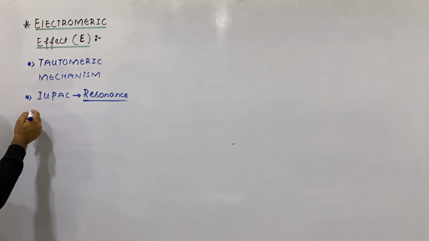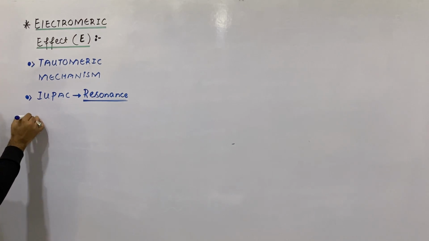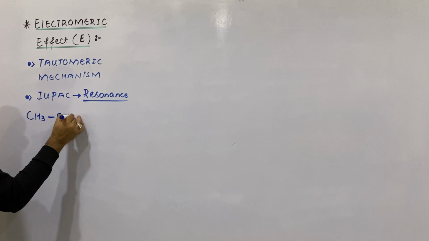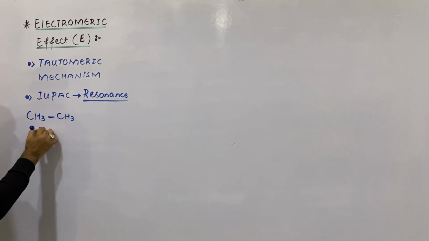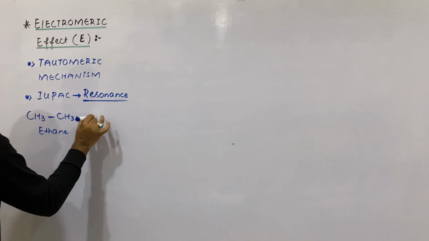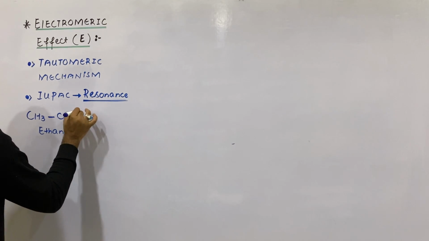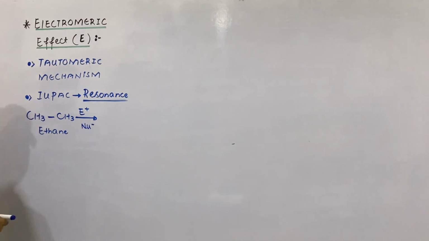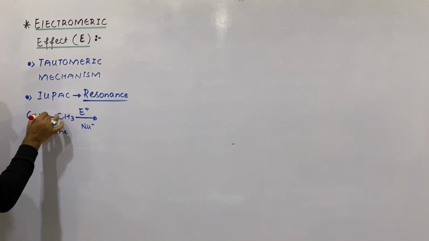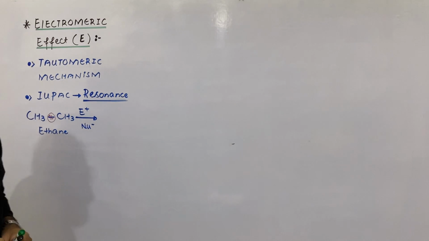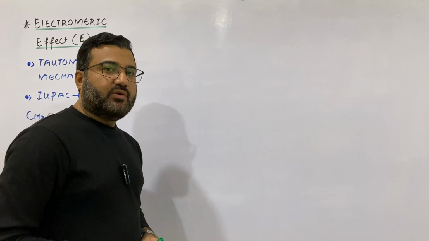My dear students, what is the electromeric effect? Let us understand. Suppose we have a saturated hydrocarbon, that is ethane, in which there are all sigma bonds. If there is an attacking reagent, some electrophile or nucleophile, in the reaction mixture with the ethane, you know that the sigma electron density remains on the nuclear axis.